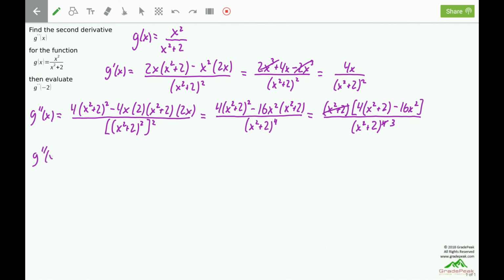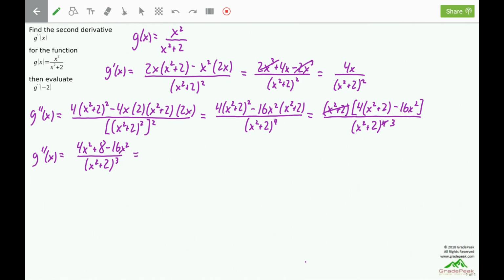So g double prime of x will be, in the numerator we can distribute that 4 in, so we will have a 4x squared plus an 8, and then we have the minus 16x squared, all over x squared plus 2 quantity cubed. We can combine like terms together in the numerator.